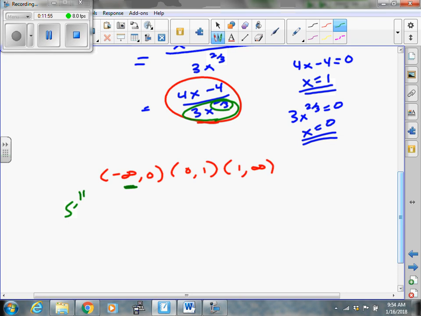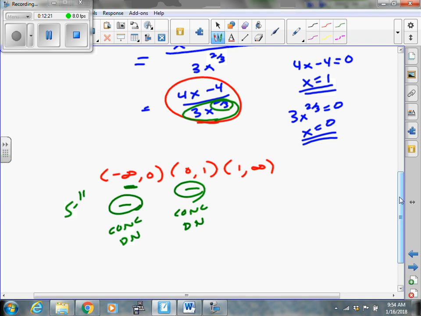-1 would be in this region here. -1 gives you -4 minus 4, which is a negative number. So that tells me the function is concave down. From 0 to 1, pick a half. 4 times a half, subtract 4, is a negative number. So it's concave down. Notice if I hadn't checked my intervals, I would have assumed x equals 0 is a point of inflection.